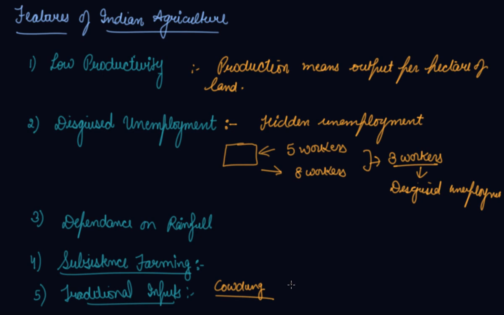It is owing to the poverty of the bulk of the farmer population in India, because farmers are basically poor, so they cannot afford the high cost of fertilizers, insecticides, and pesticides. So they still rely on traditional inputs like cow dung as manure in the fields.